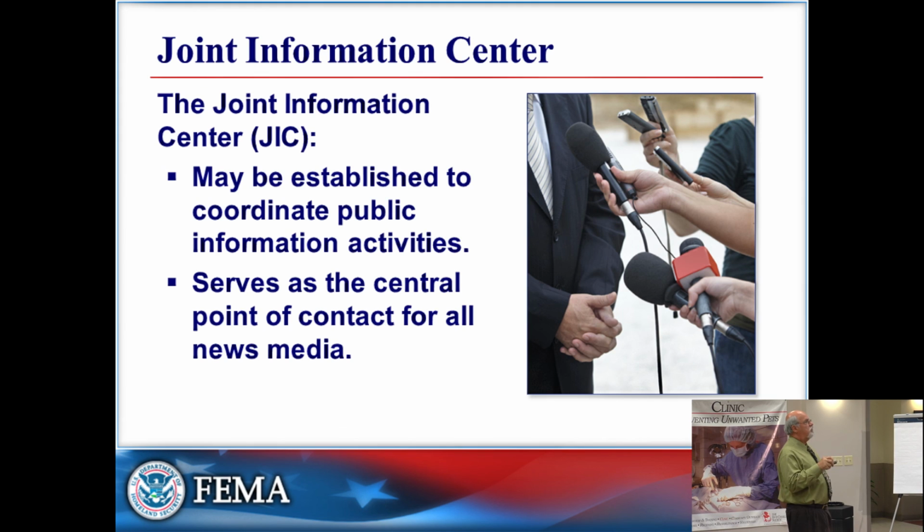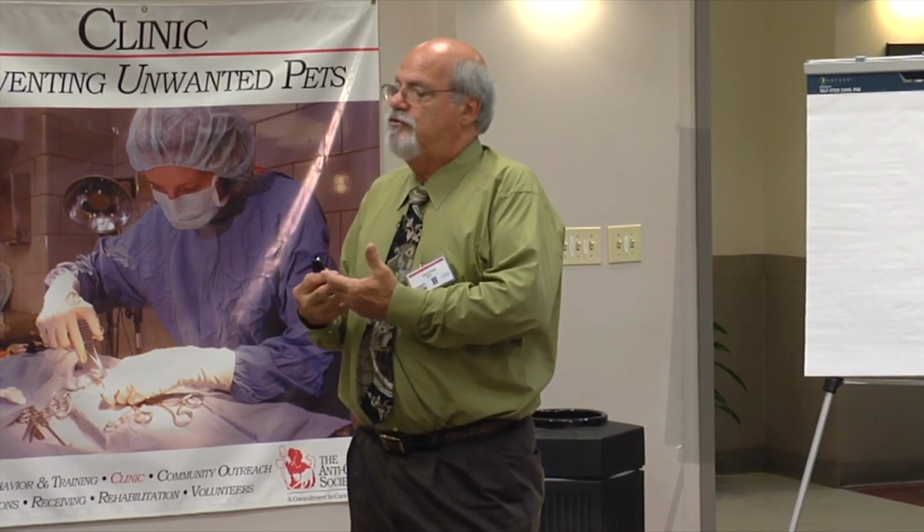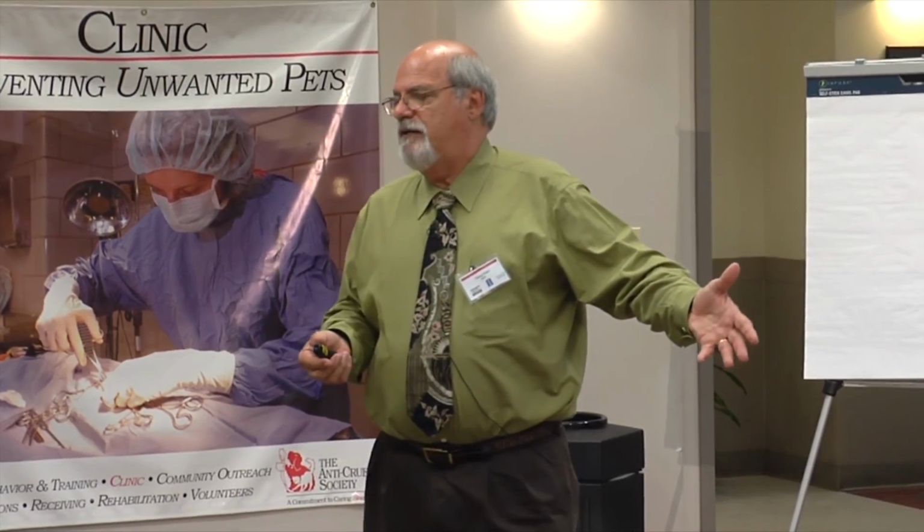So it can be established to coordinate public information activities. It serves then as the central point of contact for all the news media. Do we want it in the middle of the chaos? No, but we want it somewhere near the disaster site, don't we? All right, and so this issue of media relations, the media has something important to say to people affected and unaffected by the disaster.